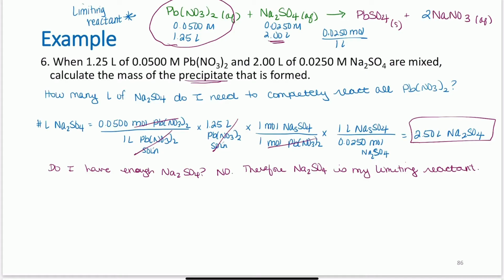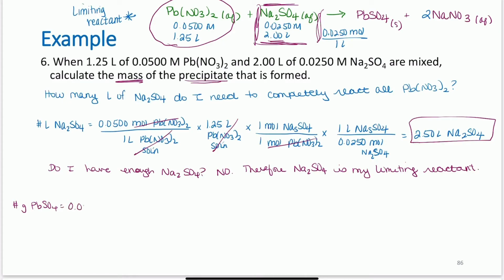So that means I'm going to use sodium sulfate to figure out how much of my lead 2 sulfate I can actually make, because this is the species that's going to limit how much I could actually make. So number of grams of PbSO4, when it says mass, it means grams, that I can make.